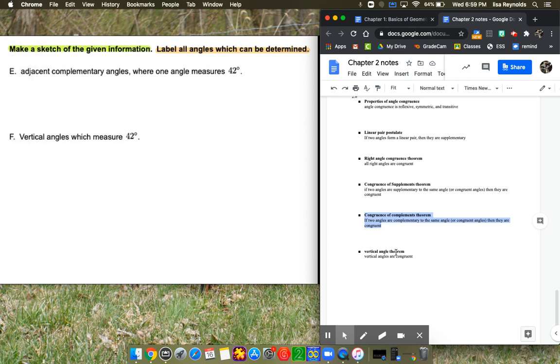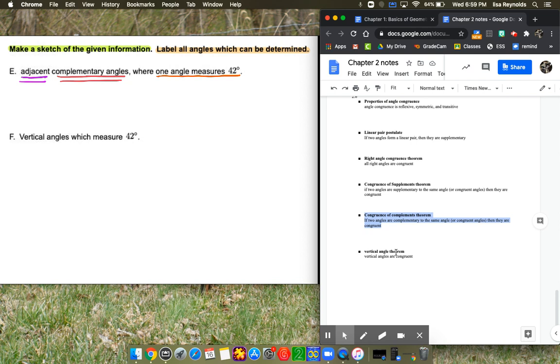So in our first one, I'm going to have adjacent angles that are complementary angles, and one of them is going to be labeled 42 degrees.